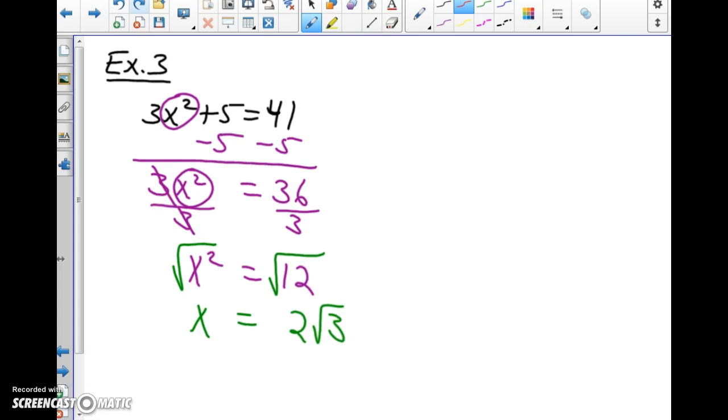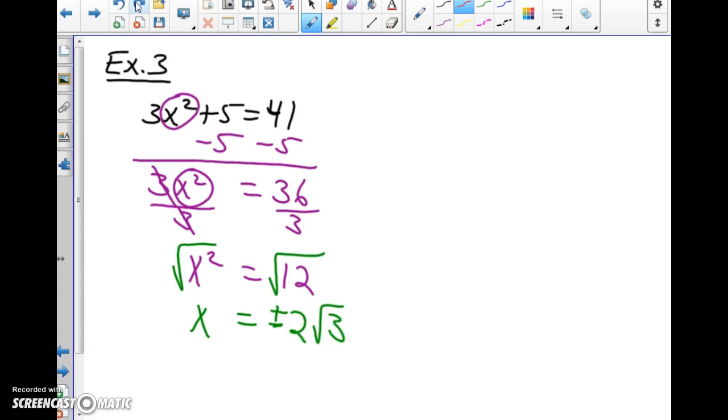Now, is that the answer? No, it's not. We make the other one a positive. So the answer becomes plus or minus 2 square root of 3.